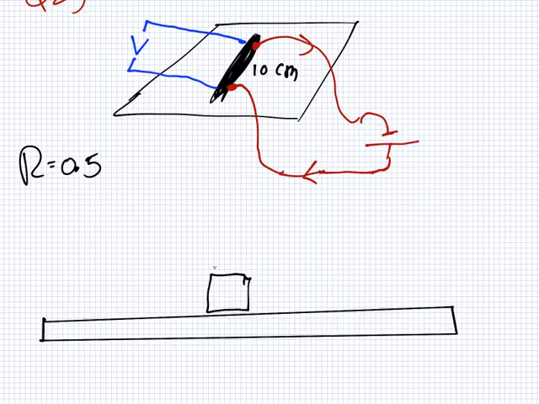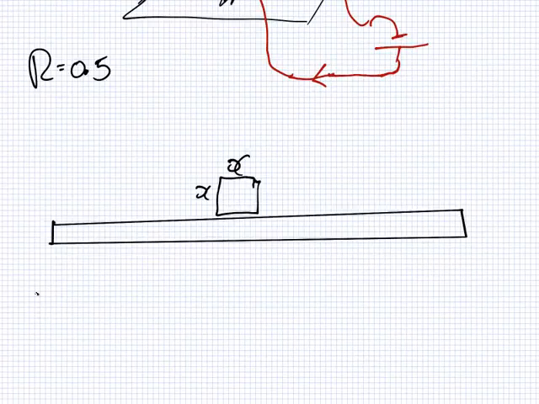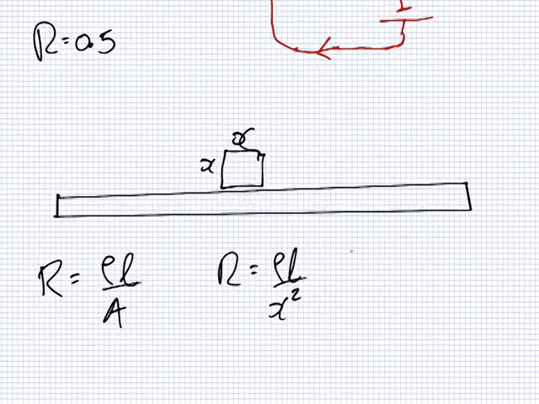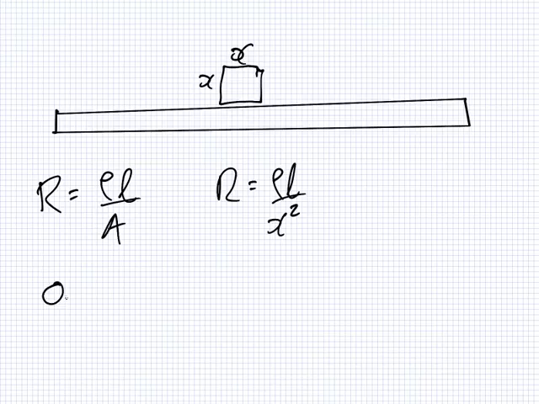It's better than no answer. So we'll call the sides x and x to make it a square. So you have the formula R equals rho L over A, or R equals rho L over x squared. Now what's the R here, did I say?